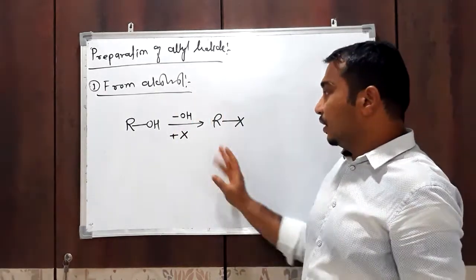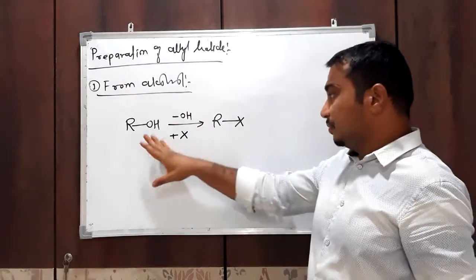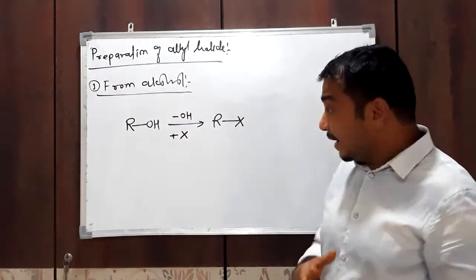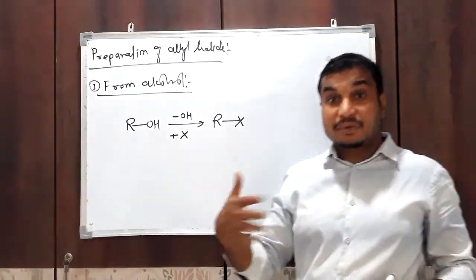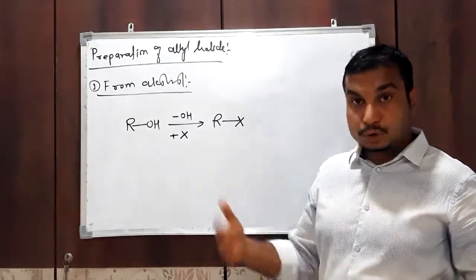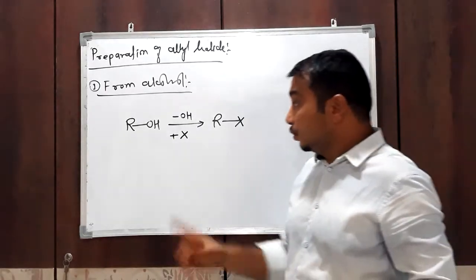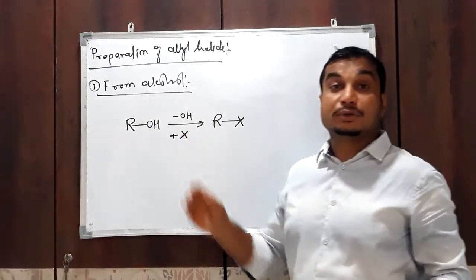So this is just simple substitution reaction. There is replacement of OH by halogen atom, and to replace this OH group by halogen atom, we have to use different reagents.